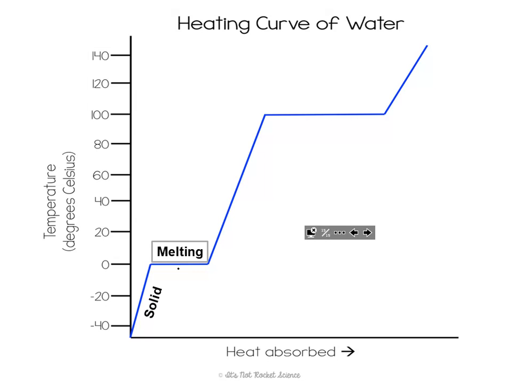So as more heat is absorbed, we can continue to go up in temperature. So anywhere from 0 degrees Celsius to 100 degrees Celsius is going to be a liquid. And again, these temperatures in Fahrenheit would be 32 and 212.